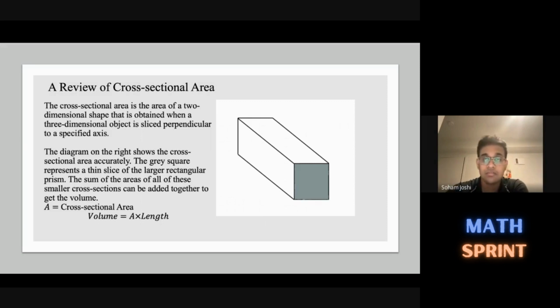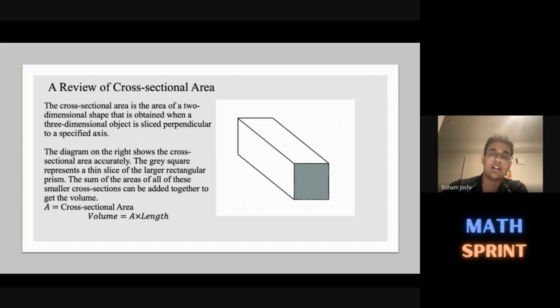Okay, so before I move on, I would like to revise the concept of cross-sectional areas. The cross-sectional area is the area of a two-dimensional shape that is obtained when a three-dimensional object is sliced perpendicular to a specified axis at some point. The diagram on the right shows the cross-sectional area pretty accurately.